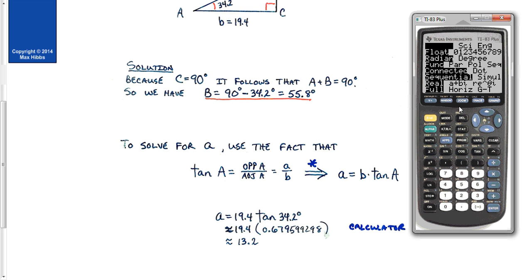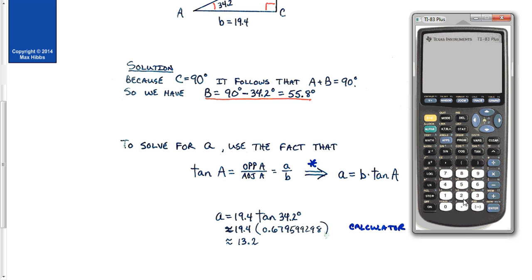And so as I go to the mode key, which is right here, I'm needing to decide, oh, look, on this third line, it's set to radians. But I'm going to put in an angle in degrees. And so I need to scroll down and across to where I have degrees and press enter. And now I can leave the mode function by saying second quit. And now I'm back to where I need to be.